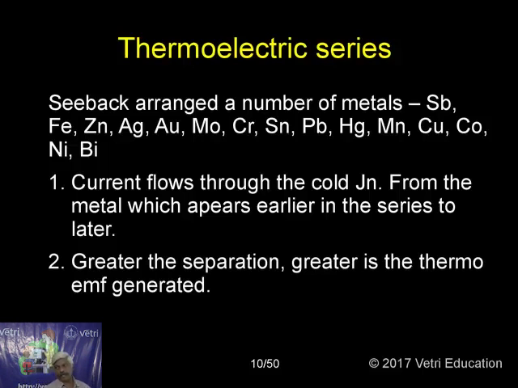With antimony and bismuth as the two dissimilar metals, the maximum thermo EMF is developed. Keep these two points in mind: according to the thermoelectric series, the current direction is always from the metal appearing first to the metal appearing last, in the cold junction. The longer the gap, the more the EMF.